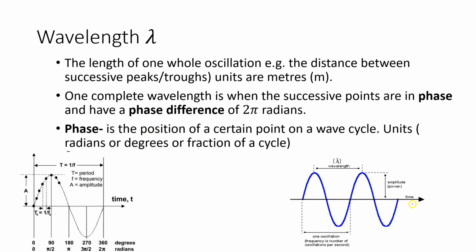Now, another key characteristic that we must talk about as it pertains to waves is what we call the wavelength, and we should be able to identify when there is a particular wavelength.